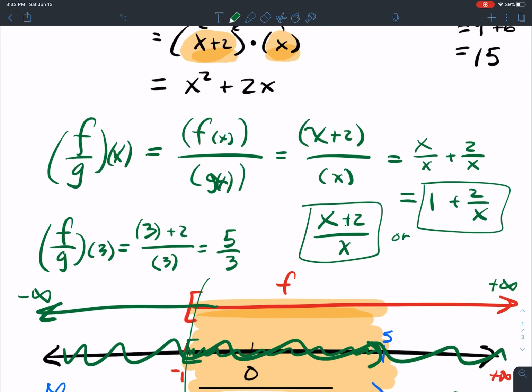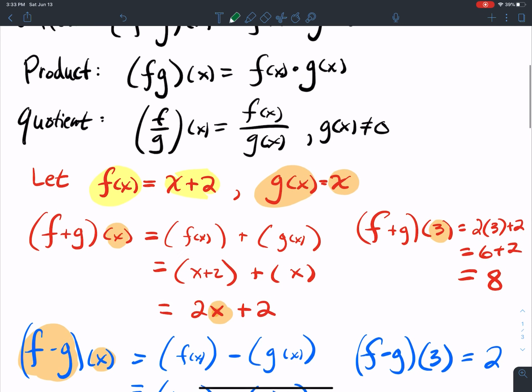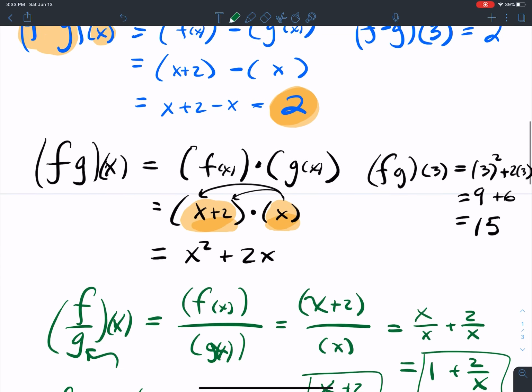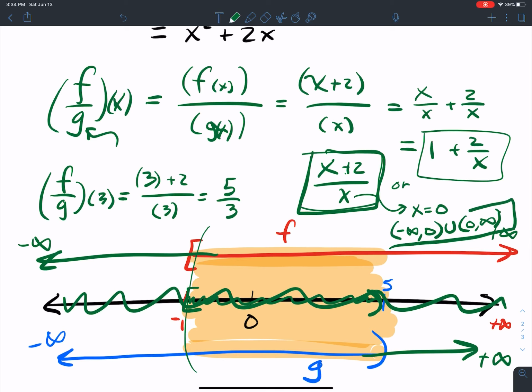The problem comes into play whenever I end up dividing, and remember we had that restriction, thou shalt not divide by 0, right? So where would this piece be equal to 0? It'd be whenever x is equal to 0. So that would have to get thrown out of my domain. Okay, so the domain for that function would be all real numbers except for 0.